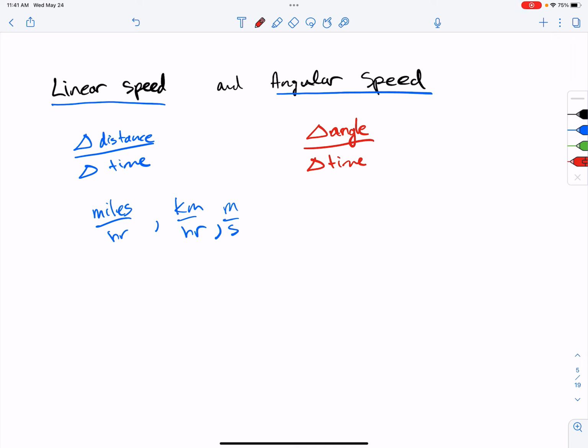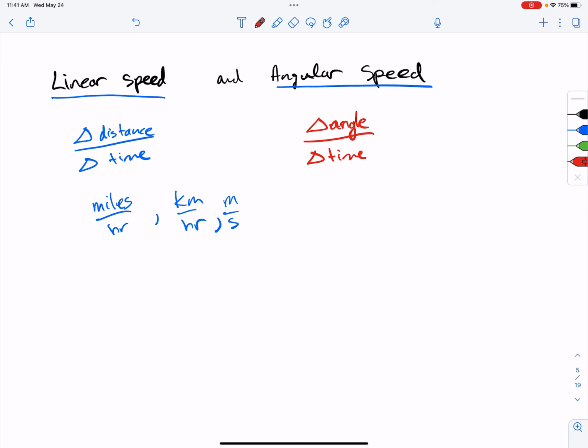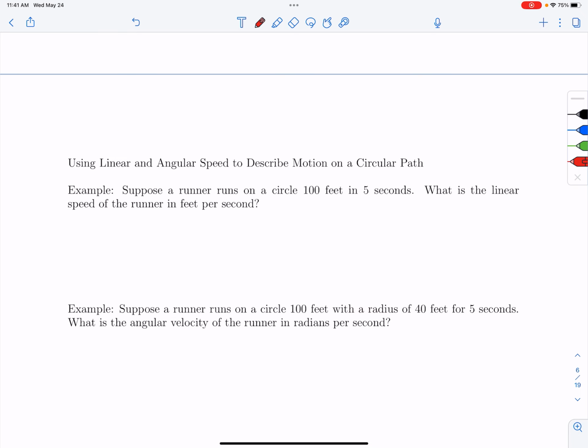The two units that we'll see for angular speed are radians per unit time, so maybe radians per minute or radians per second. It could also be degrees per minute or degrees per second. So how is the angle changing per unit time? We'll go through a few examples of these types of questions.